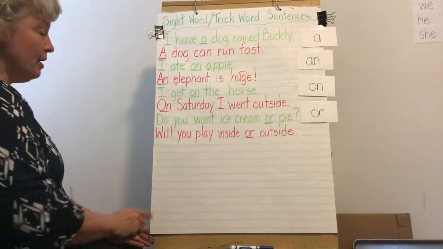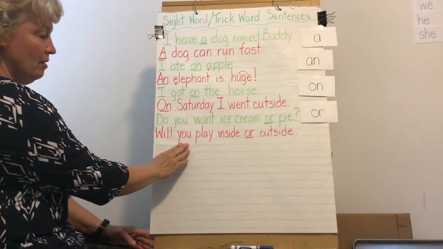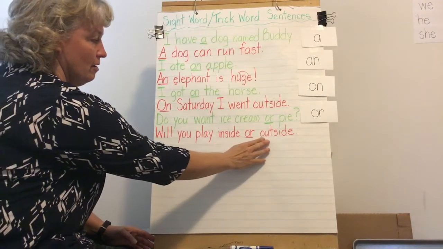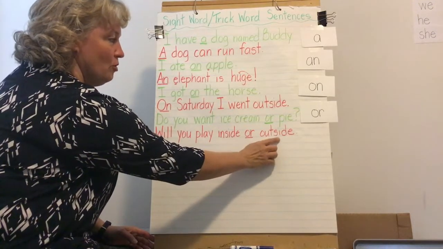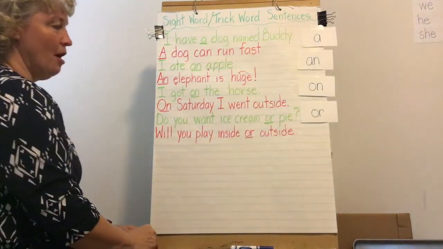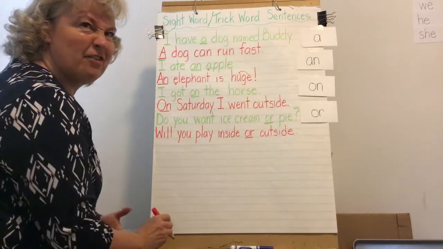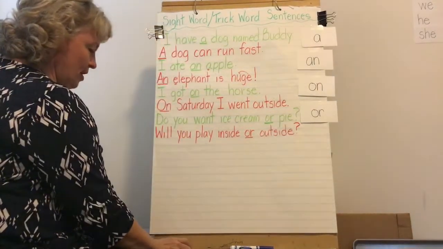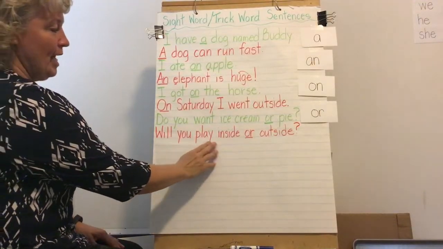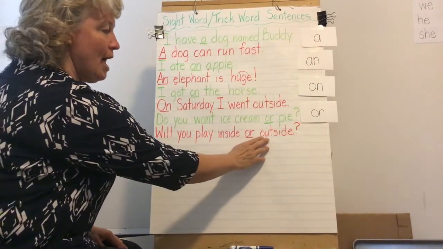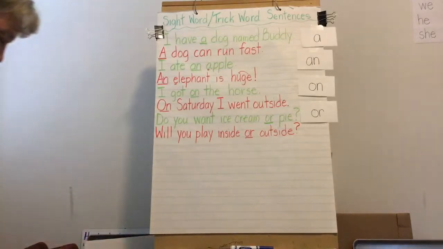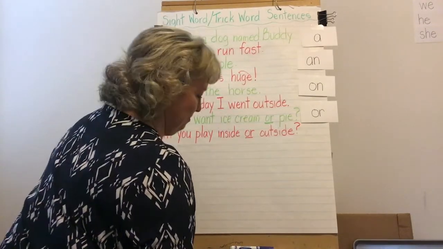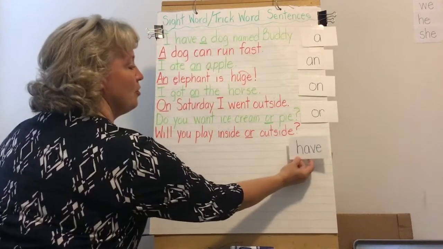I'll point, you try it. And this is a word we had right up here too. All right. Whoop. And you know what? I forgot because it's a question. I forgot my question mark. Here we go. All right. Will you play inside or outside? All right. Today, I think, because it's raining, I'd play inside. All right. Here comes our last word.